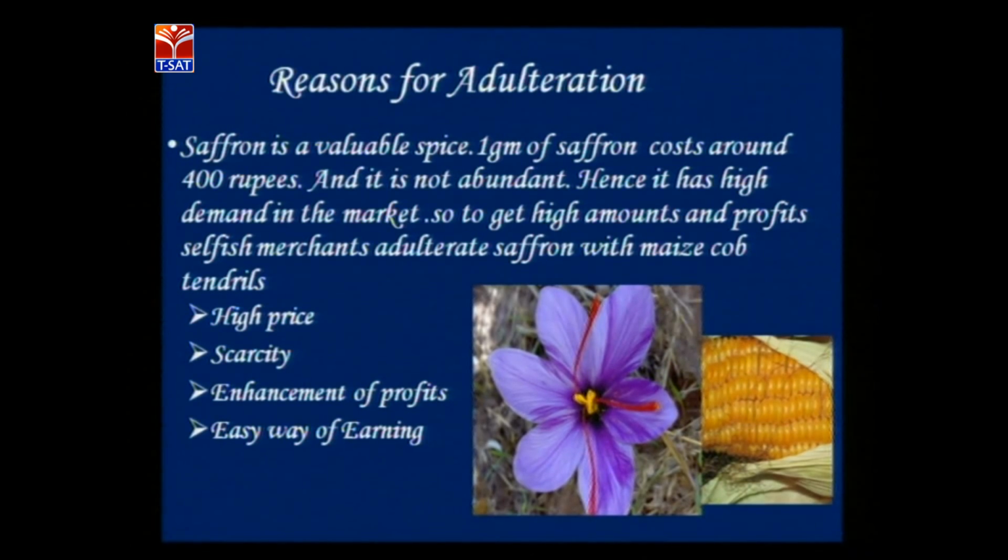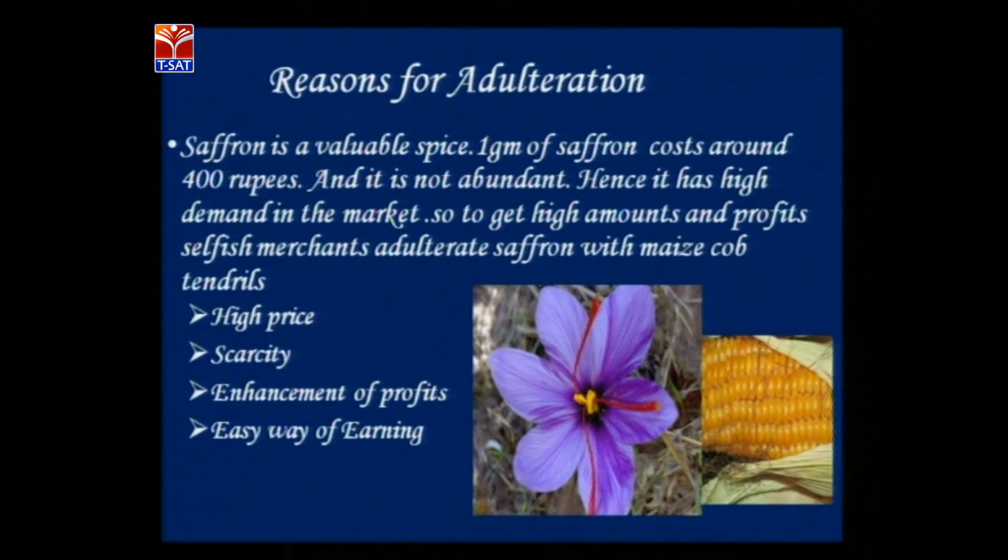See here friends, this is saffron and here this is maize cob tendrils. This saffron is a valuable spice. One gram of saffron costs around 400 rupees. It is not abundant, so it has high demand in the market.